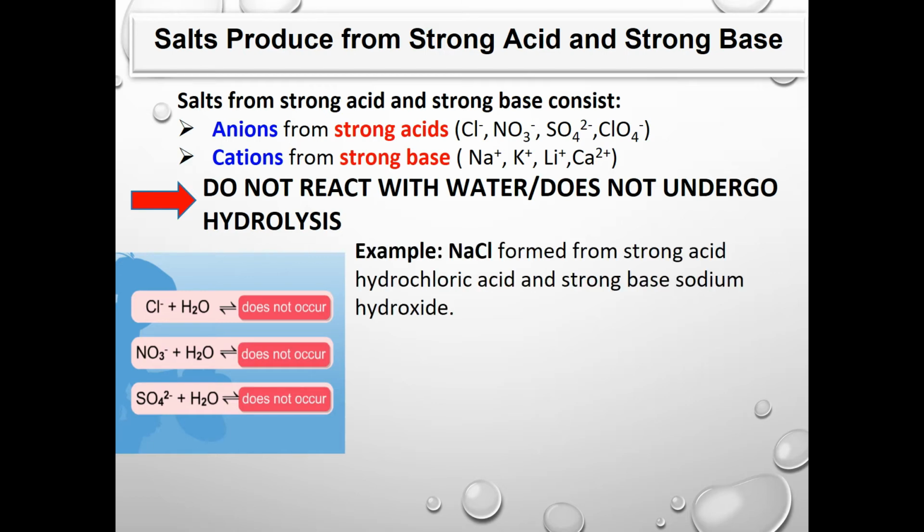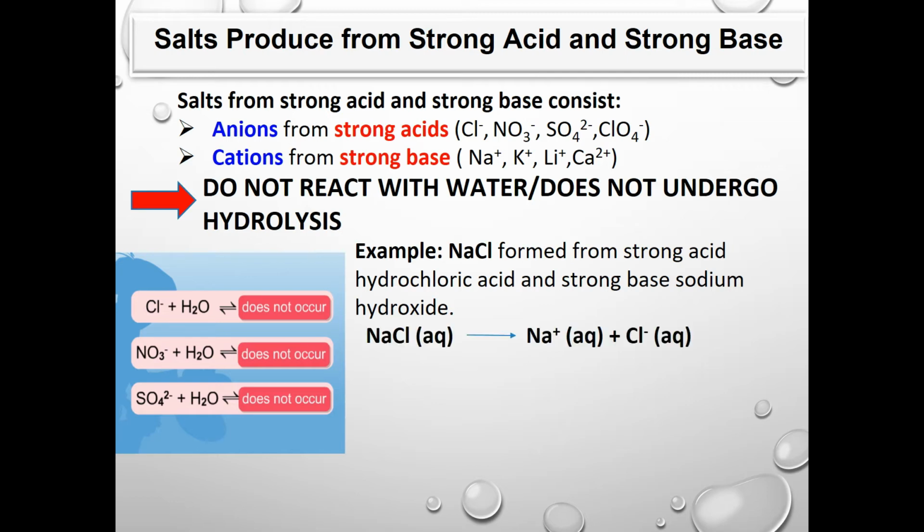Let us look at an example of sodium chloride. Sodium chloride is a salt formed from a strong acid, hydrochloric acid, and a strong base, sodium hydroxide.